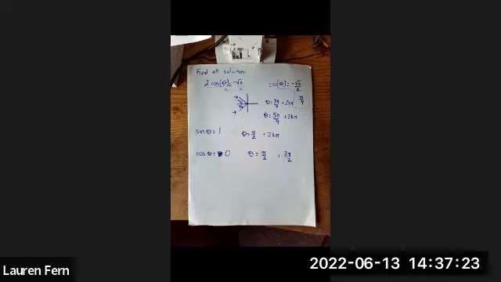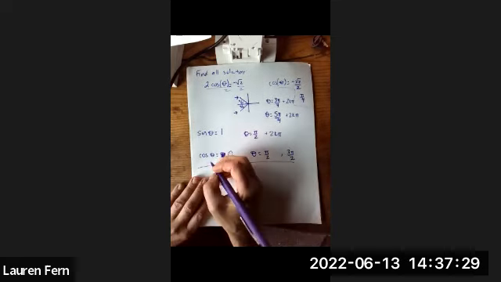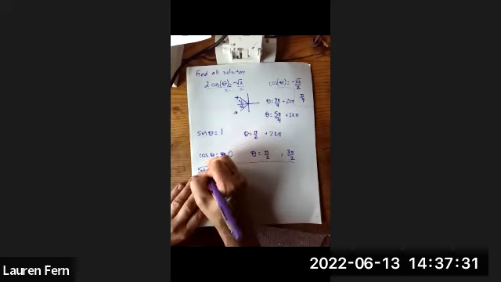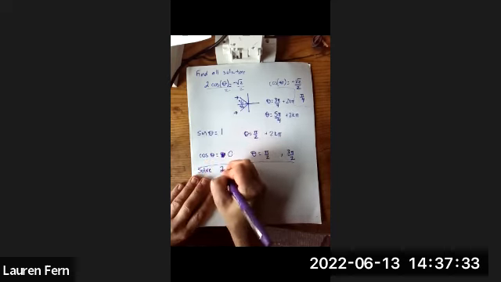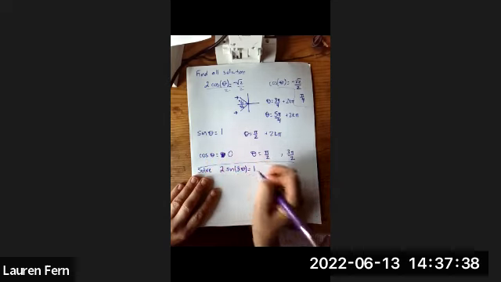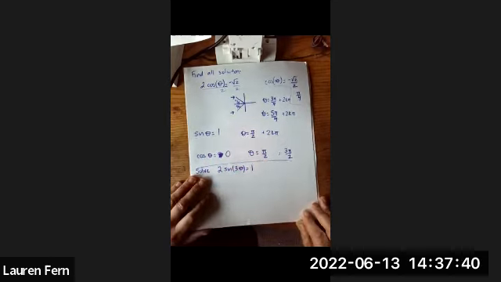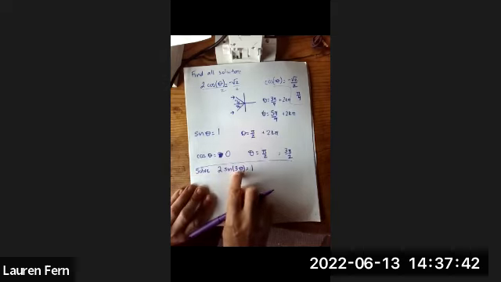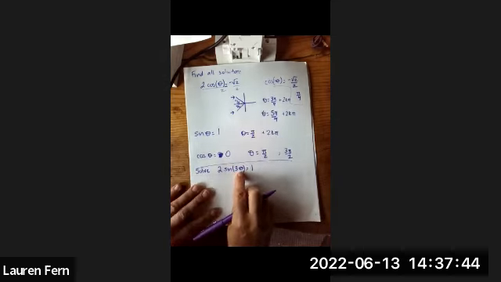Let's now get to things that look a little bit funkier, okay? What if, for example, I wanted us to solve 2 times the sine of 3 theta equals 1? Notice it's a lot more involved in here.